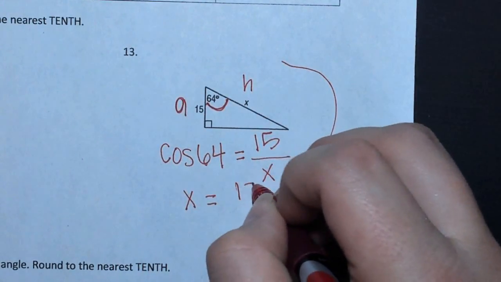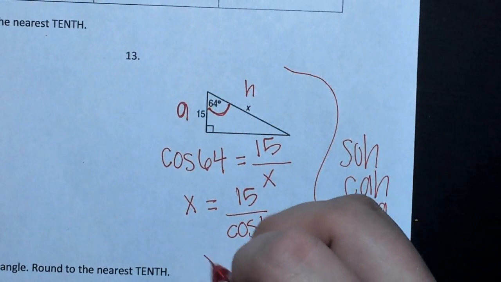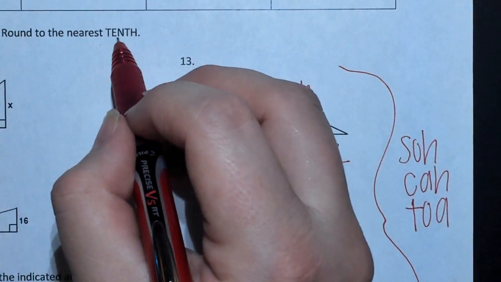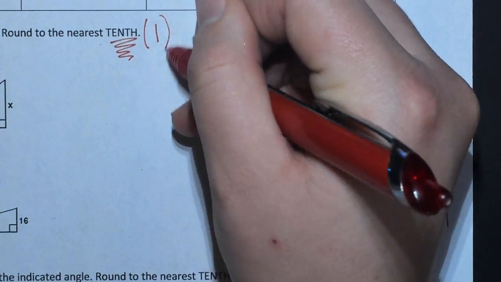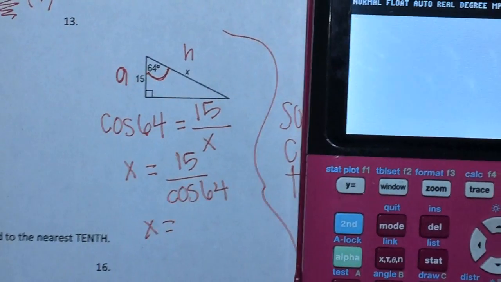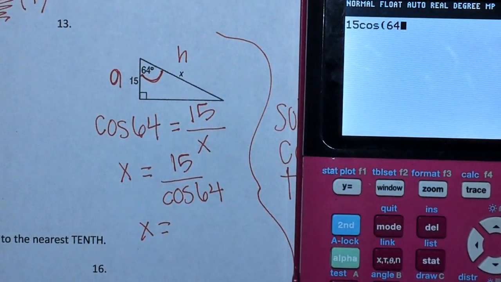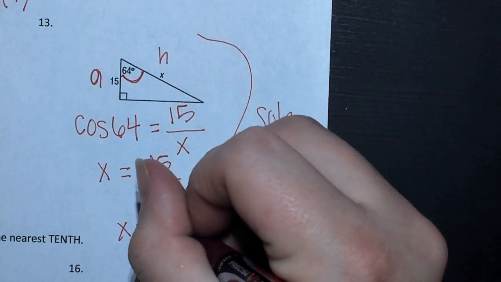X is equal to 15 divided by cosine of 64. Plug that in your calculator. Round to the nearest 10th, which is how many places? 15 divided by cosine of 64... 34.2.